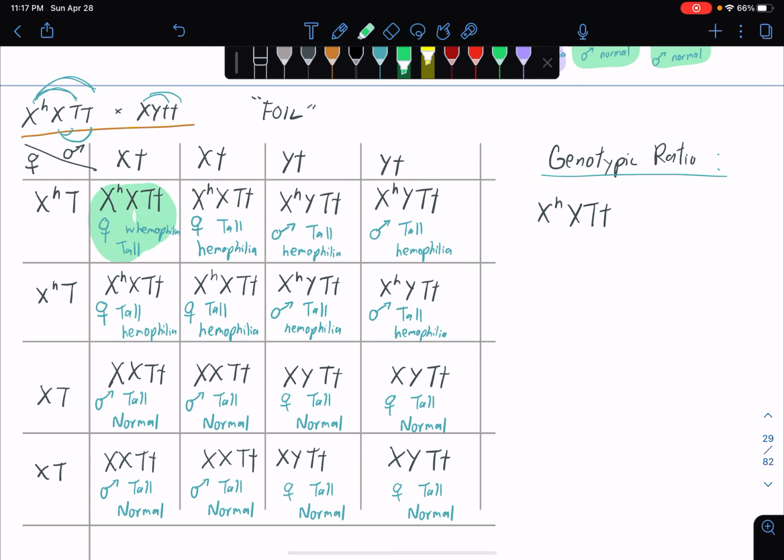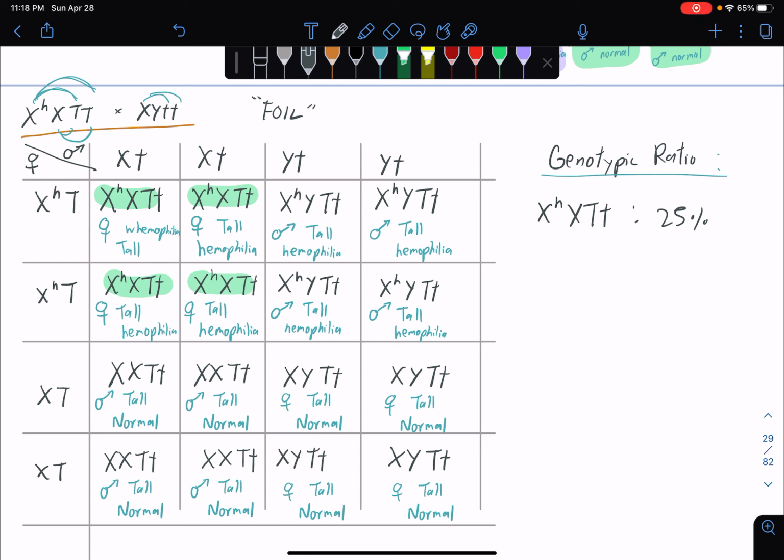Let's try to highlight them. We have this, this and this. So I think we have 4 of them. 4 out of what? In a dihybrid cross type of Punnett square, how many boxes do we have? 4, 8, 12, 16. We have 16 boxes. So 4 over 16 is 1 over 4, in other words, 0.25 or 25%.